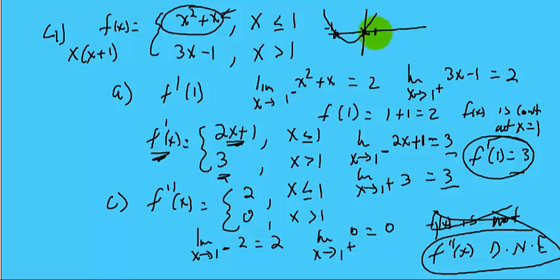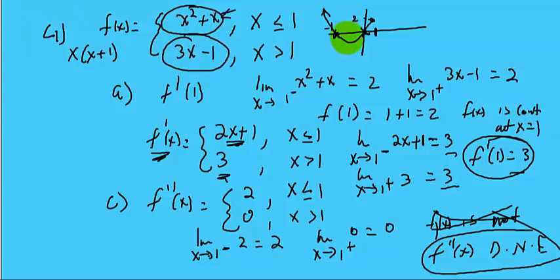But at 1, it becomes 2, right? So it stops right there at 1. And then to the right of 1, it turns into a line.